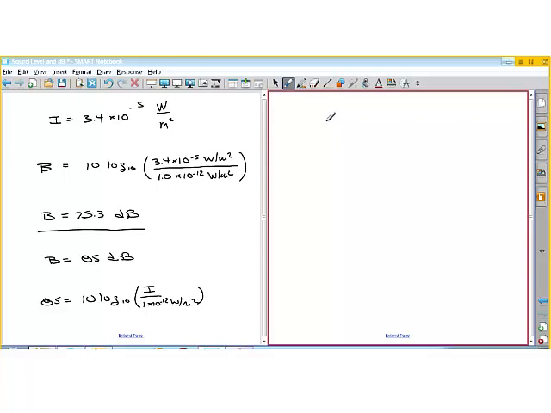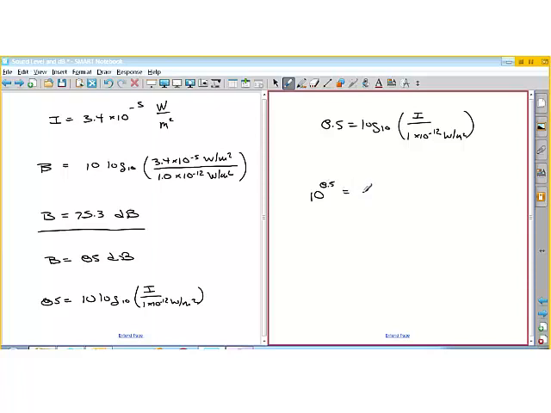So first thing you do is you divide both sides by 10. So you get 8.5 equals log to the base 10 of I, unknown, over 1 times 10 to the minus 12 watts per meter squared.